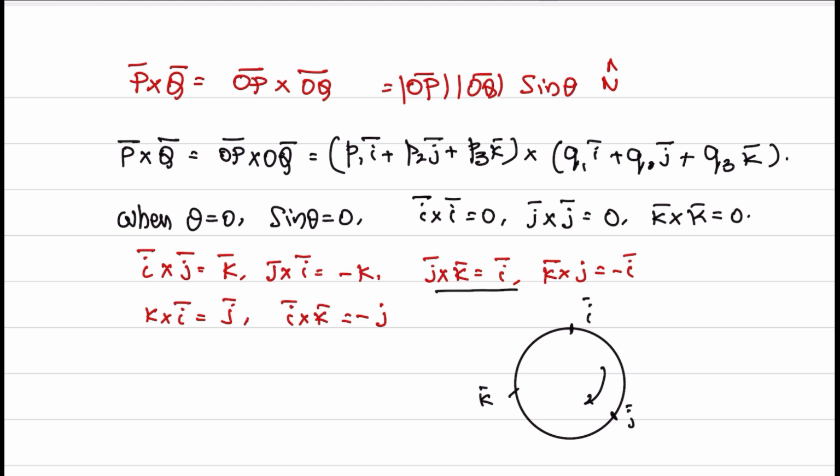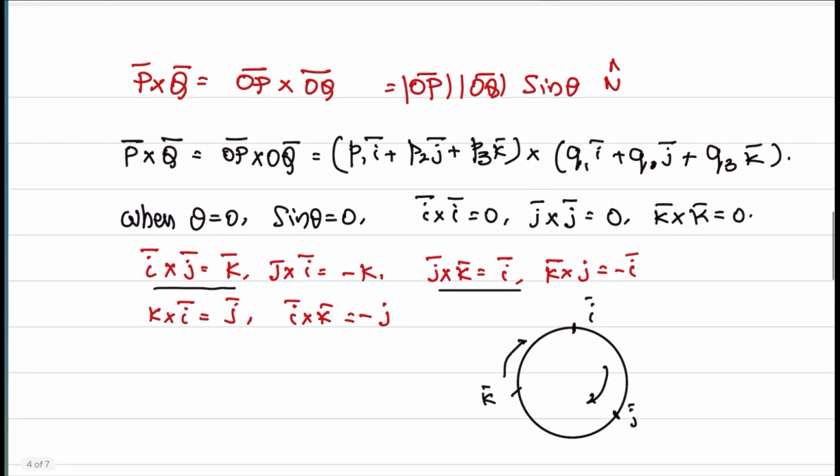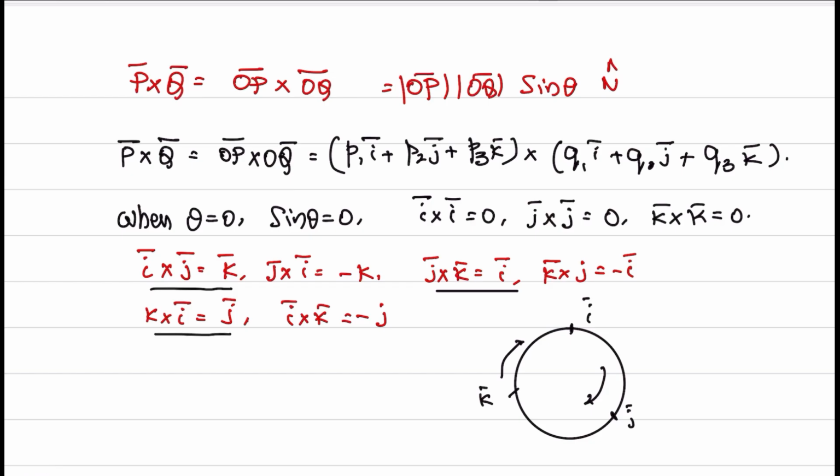You just see, j into k is equal to i. i into j is equal to k. And k into i is moving in this direction. k into i is equal to j. But when i is multiplied with k, the direction is reversed. When you write like this, i j k, clockwise is positive, anti-clockwise is negative.